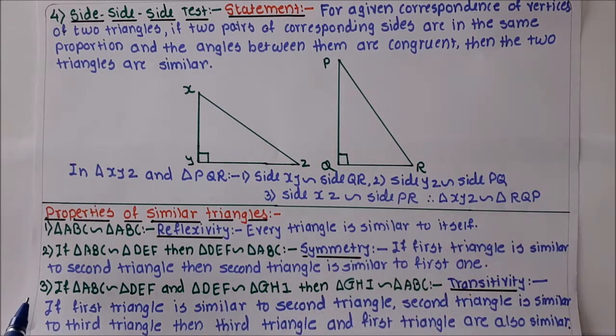According to transitivity, if the first triangle is similar to the second triangle and the second is similar to the third triangle, then the third triangle and the first triangle are also similar. Here, if triangle ABC is similar to triangle DEF and triangle DEF is similar to triangle GHI, then triangle GHI is similar to triangle ABC.